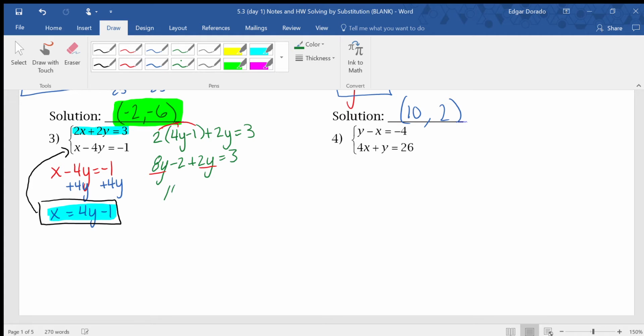So I get 10y minus 2 equals 3. Let me add this 2 here. So I get 10y equals 5. Final step, divide by 10. So we get y equals 1/2.